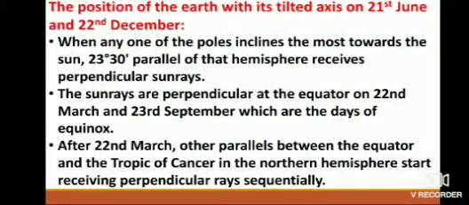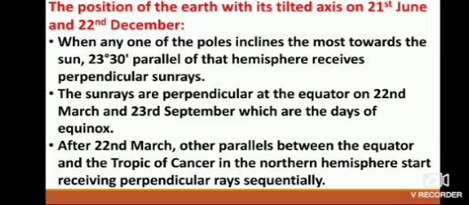When any one of the poles inclines the most towards the sun, the 23° 30' parallel of that hemisphere receives perpendicular sun rays. The sun rays are perpendicular at the equator on 22nd March and 23rd September, which are the days of equinox.